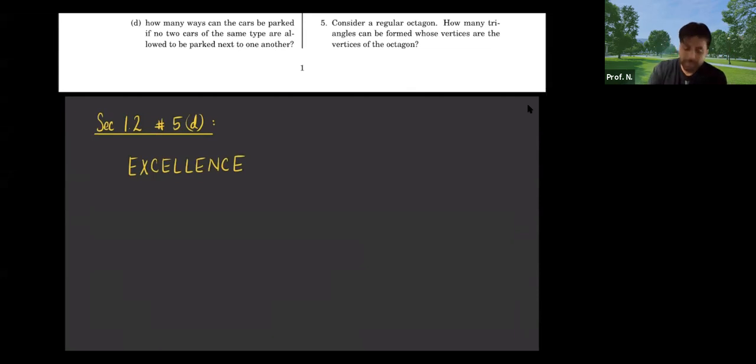There's several letters that are repeated, right? So what are the repeated letters? We have E, we have L, and we have C. So how many times is E repeated? 4 times. L is repeated twice, and C is also repeated twice.